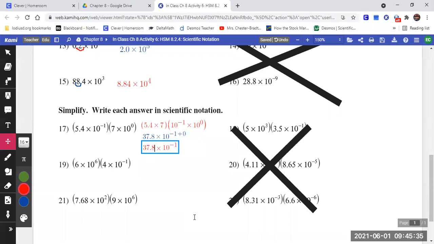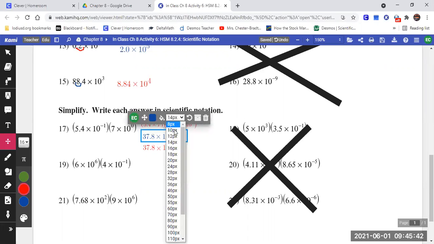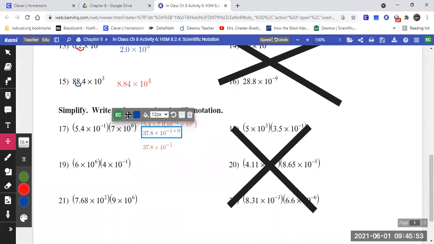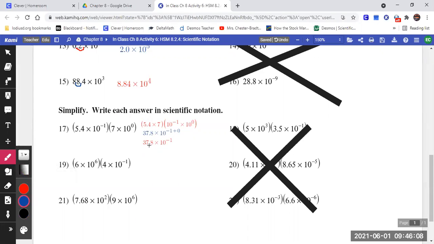What's wrong with it? It says 10 to the. Think back to the problems that we just got done with. There are two numbers in front of the decimal and there's only supposed to be one. So we have to jump our decimal, so there's only 1 in front of the decimal place.